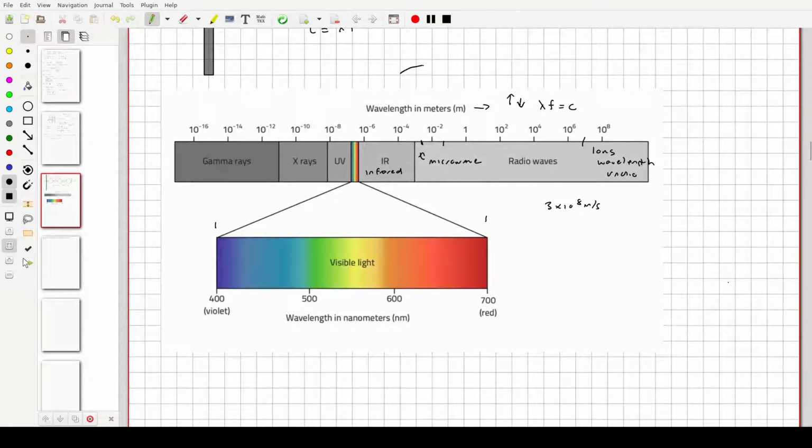So the longer the distance between peaks, the less frequently you see the peaks. So this might be in the direction of long wavelength, but this right here would be in the direction of high frequency.